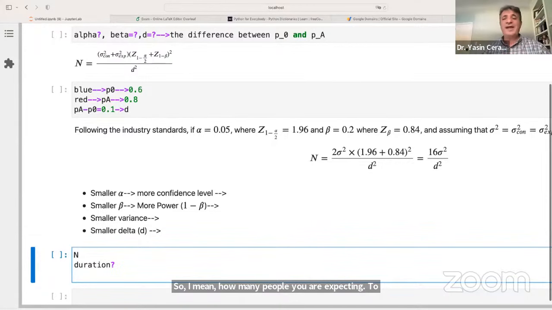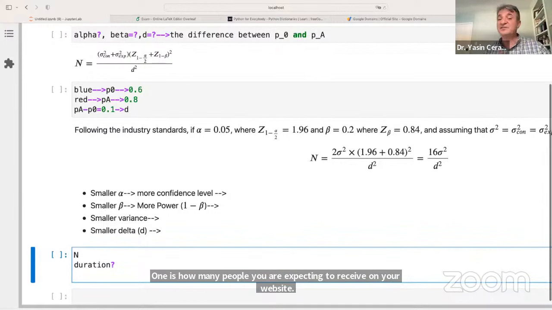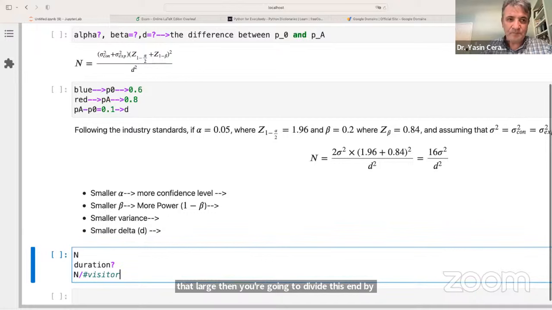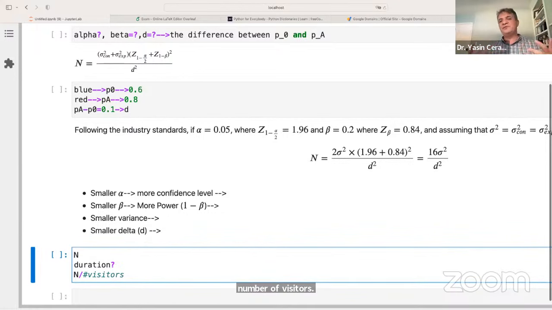So let's say your N is 10,000. There are two things you can consider. One is how many people you are expecting to receive on your website. If the number coming to your site is not that large, then you divide this N by the number of visitors, and that determines the natural length of the experiment.